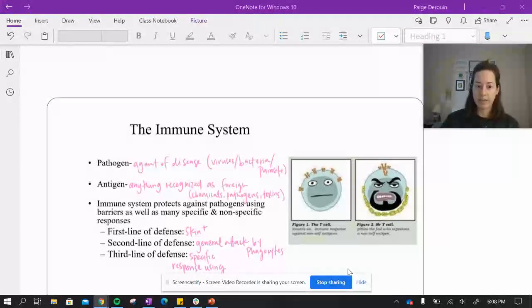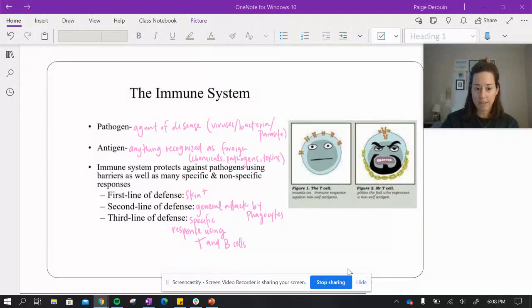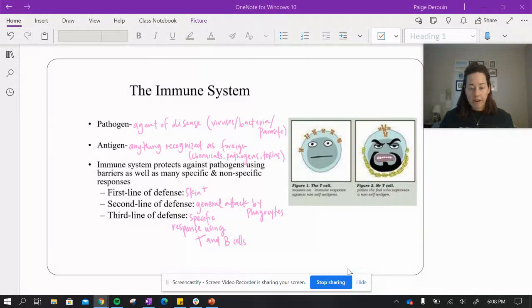Your immune system is really good at protecting you from pathogens using a bunch of different barriers and also both specific responses and non-specific responses. And it can be divided up into these three lines of defense. So the first line of defense is going to be things that are external for the most part, barriers that prevent pathogens from even getting into you.